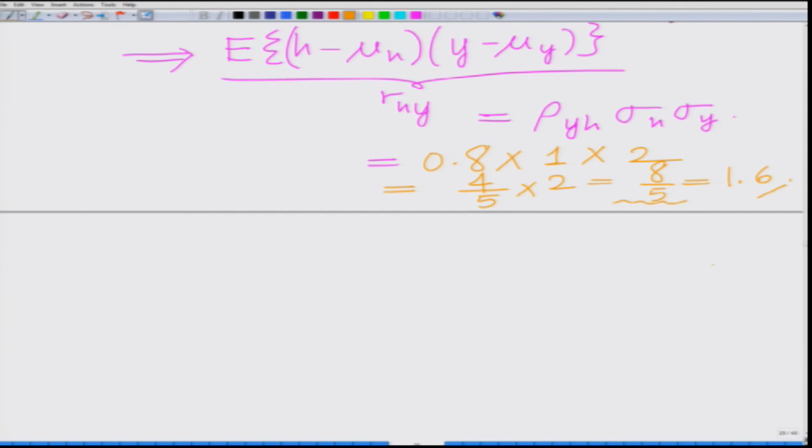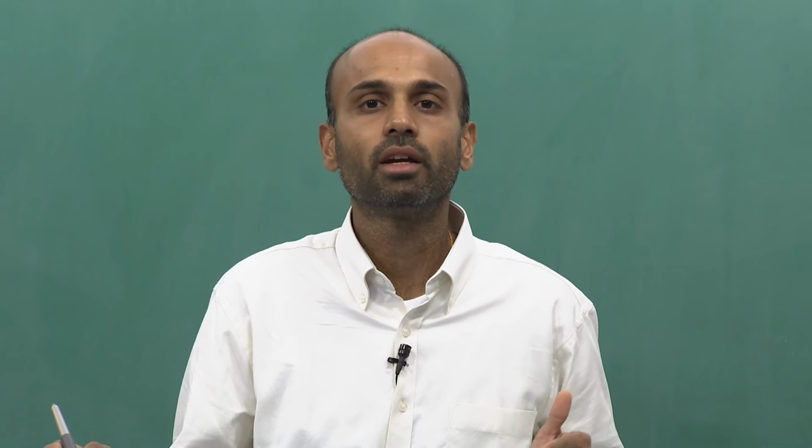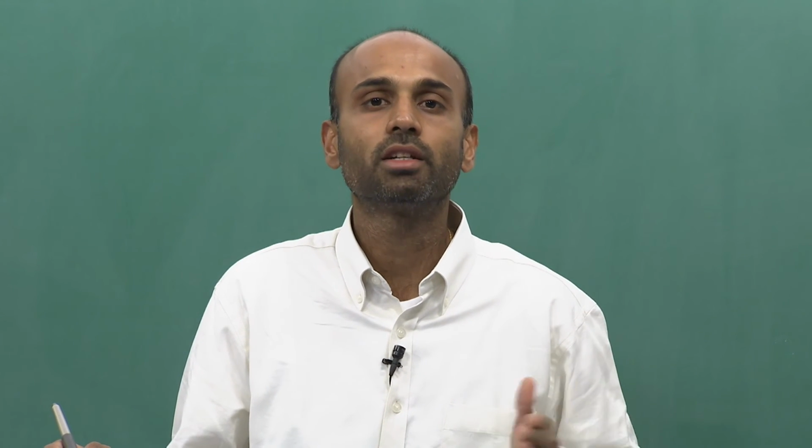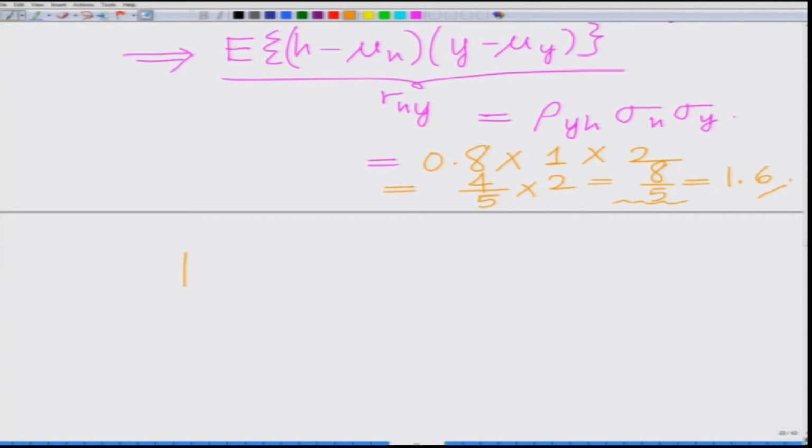Now we have all the required quantities, and I can compute the MMSE estimate of H given Y, given that H and Y are jointly Gaussian, and we know the relation for that. That is H hat equals RHY into RYY inverse into Y minus mu of Y, plus mu of h.